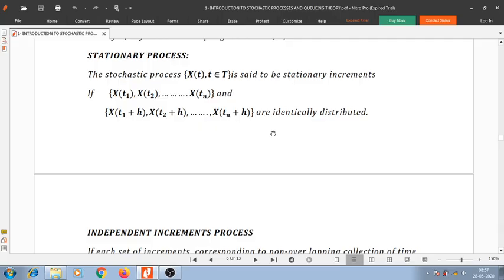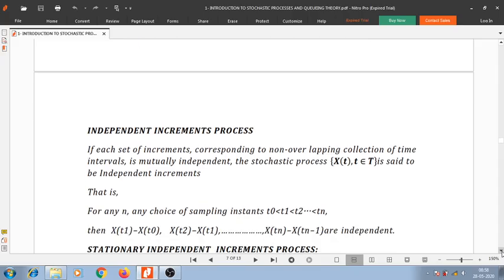Similarly, the stochastic process X of t1, X of t2, etc., X of tn is the same as X of t1 plus h, X of t2 plus h, etc., X of tn plus h. Both are identically distributed. It means the parameters exhibited by the first random process are the same as the second process. There is no change of the parameters.